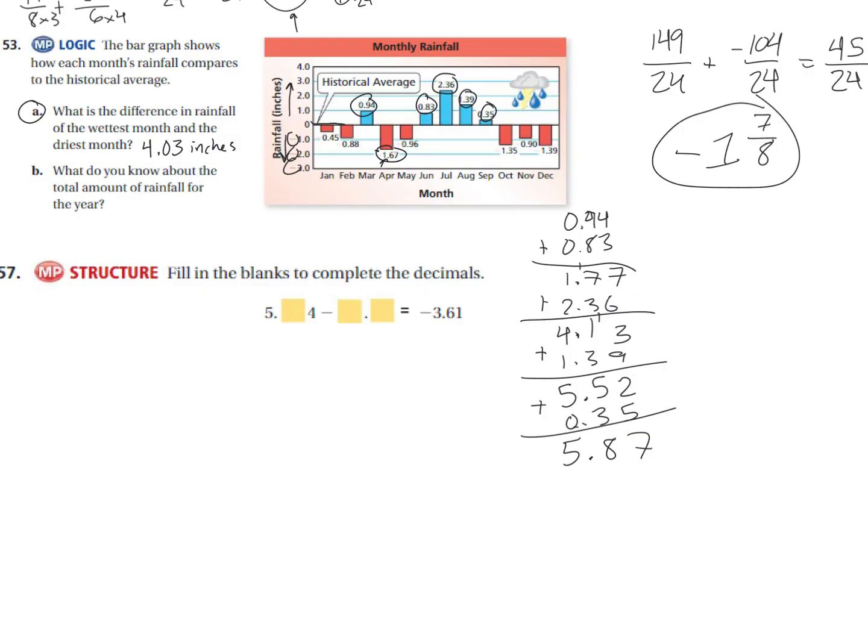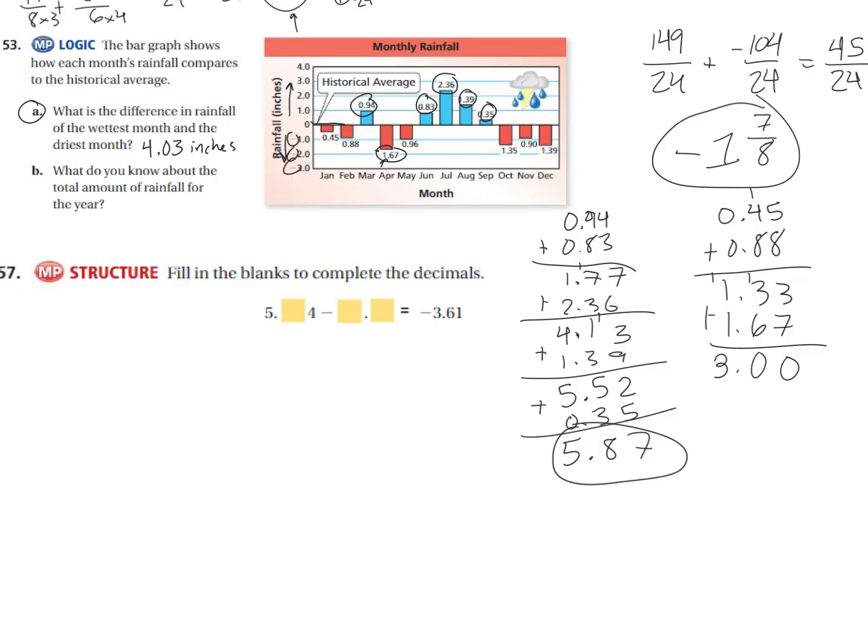Okay, for the ones where we didn't reach what I want, we're going to have 0.45 plus 0.88, which ends up being 1.33. And we'll add 1.67, which gets us exactly at 3. And then adding 0.96, 3.96.